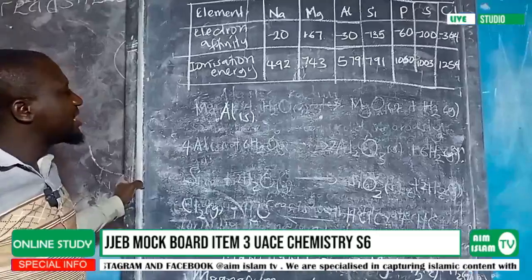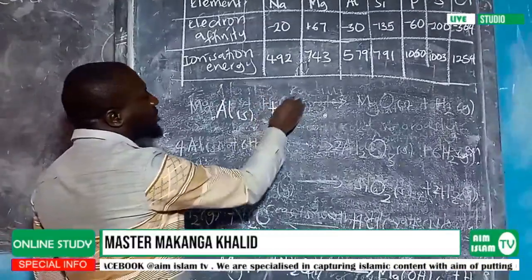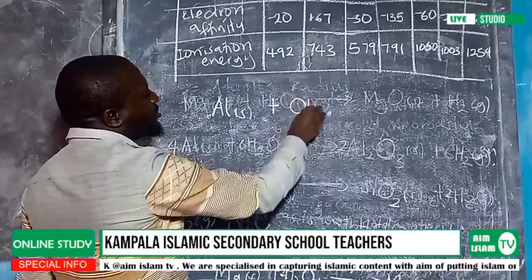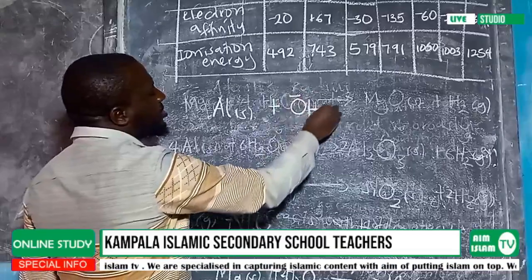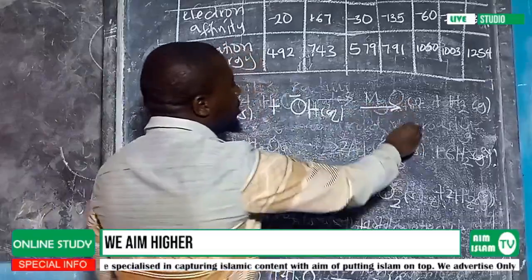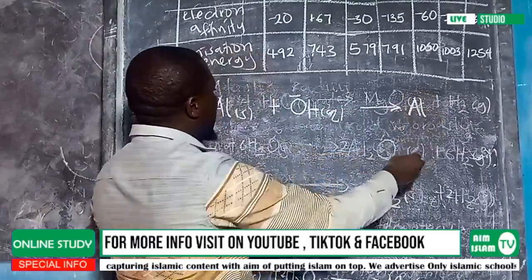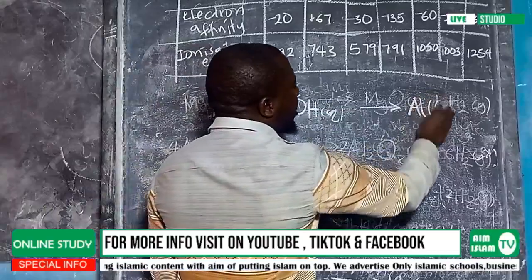So you can write that this reacts with sodium hydroxide, whether it is concentrated or dilute. Both of them react, and here you will form your aluminate.